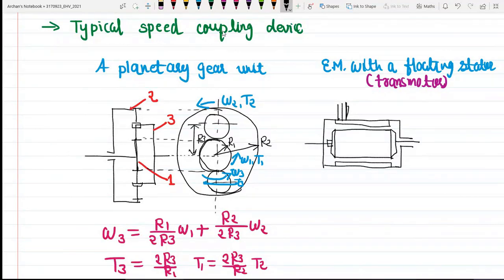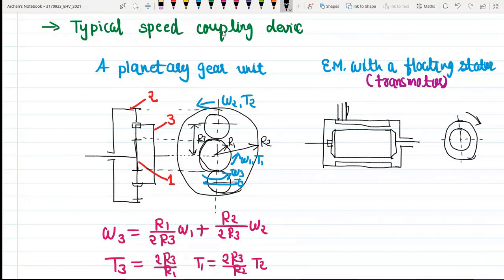You can see stator and rotor are different parts, right? So in this particular case, now if I draw the cross-sectional view, then what you may find is that this inner part is my rotor part, and then there is an outer winding which is a stator winding, which is floating, right?